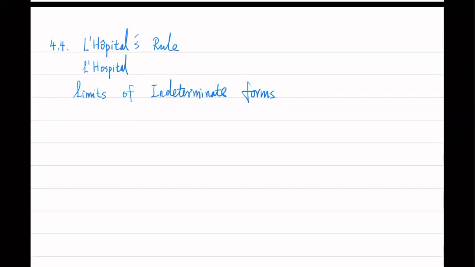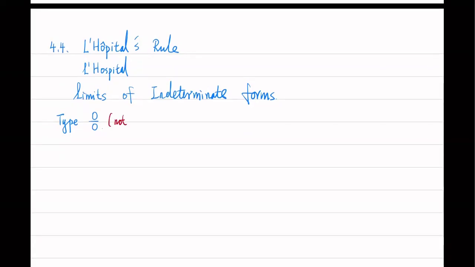There are several types. The first type is 0 over 0. Again, this is not a fraction, it's not a number, it's a type. So emphasize: not a number, but a type.